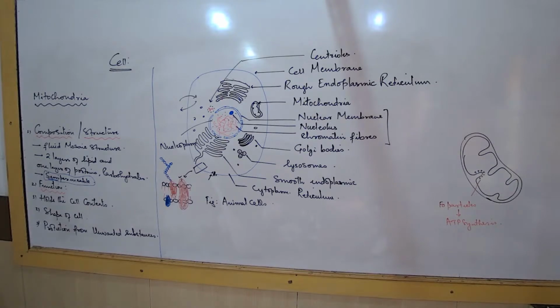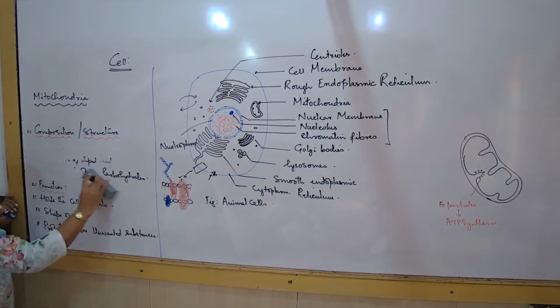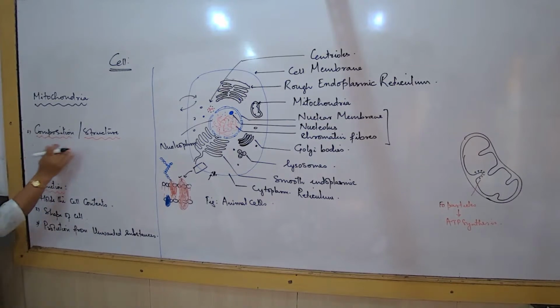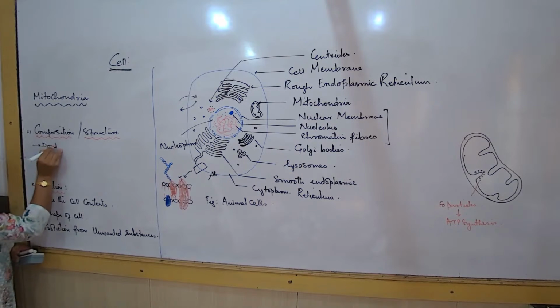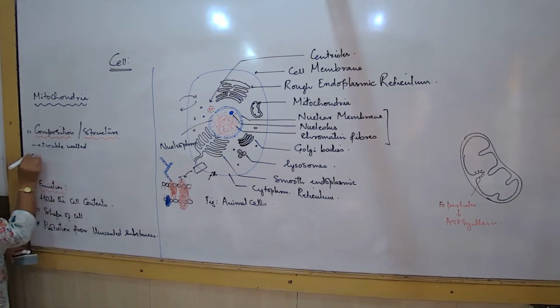Simple diagram. Now, when we talk about the mitochondria, what are some of the structural features that we have to understand? We are only talking about the structure now. Mitochondria has a double wall. It is double walled. Remember, it is double wall. And what is the other feature to remember?